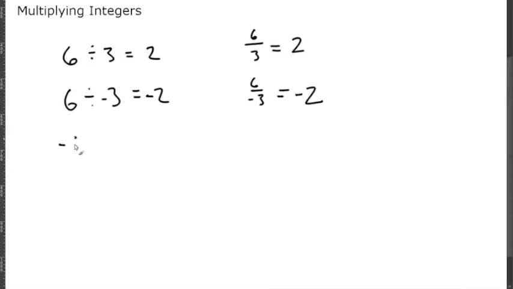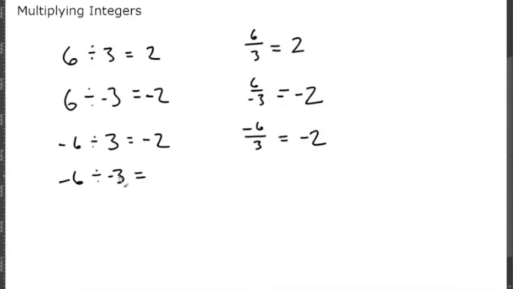Let's say we have negative 6 divided by a positive 3. A negative divided by a positive are opposite signs, so negative 6 divided by a positive 3 is going to give us a negative 2. So negative 6 over a positive 3 is going to be equal to a negative 2. And let's say we have a negative 6 divided by a negative 3.